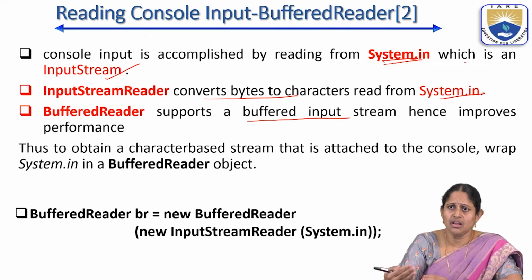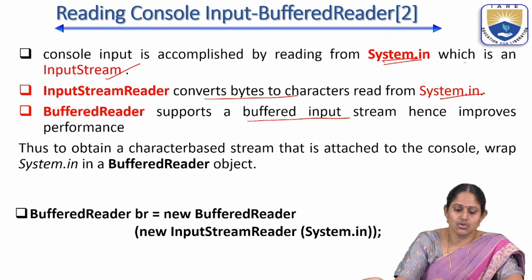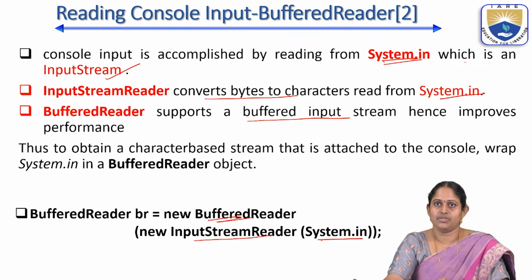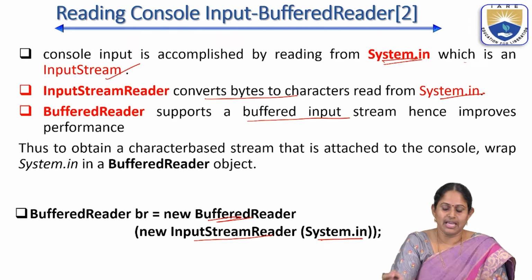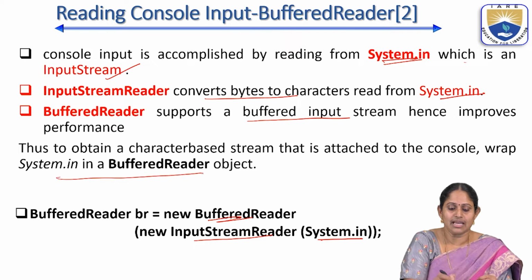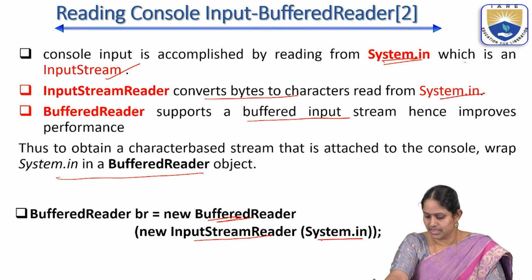So all the data being read through the keyboard will be buffered. That is why, when we are using this BufferedReader, we have to wrap the InputStreamReader and System.in inside the BufferedReader object.